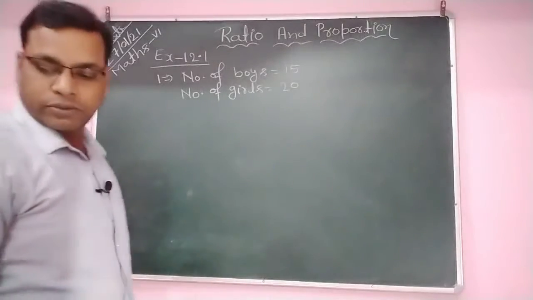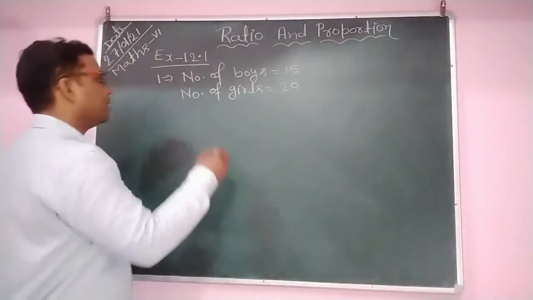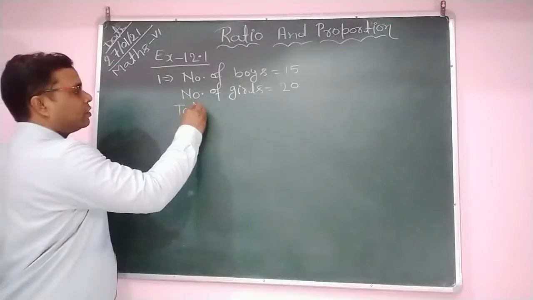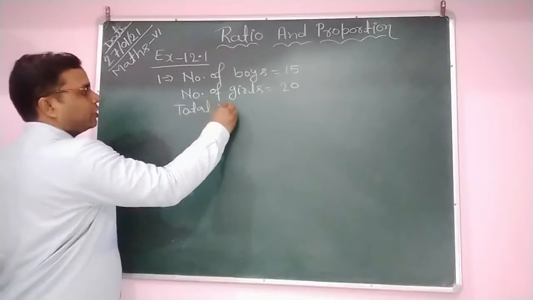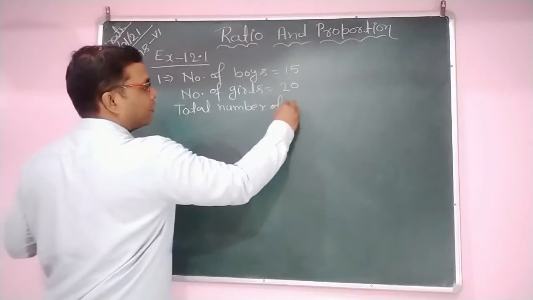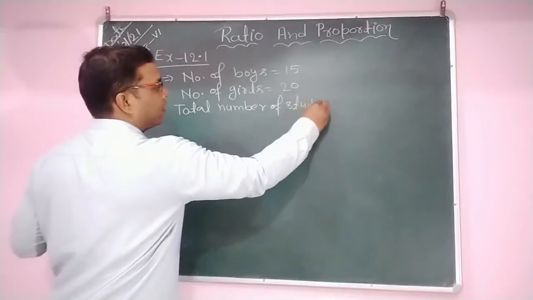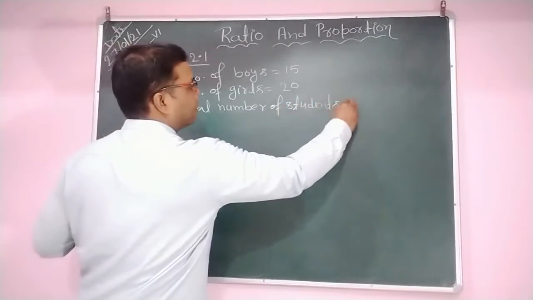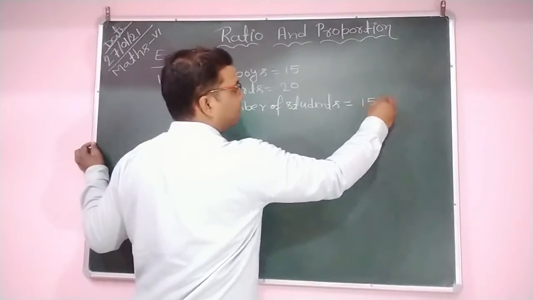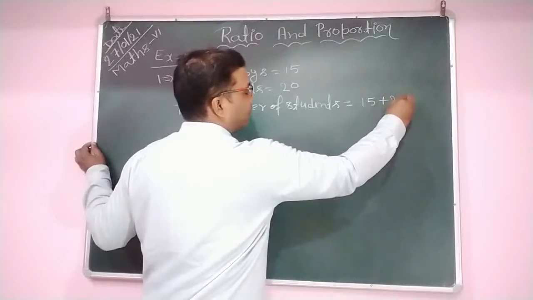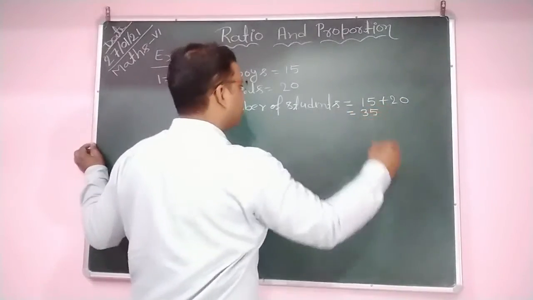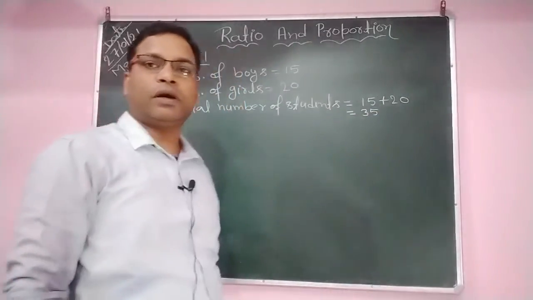So total number of students in the class is equal to number of boys plus number of girls. Number of boys is 15 plus number of girls is 20. So this is equal to what? 35. I hope all of you know how to do it.